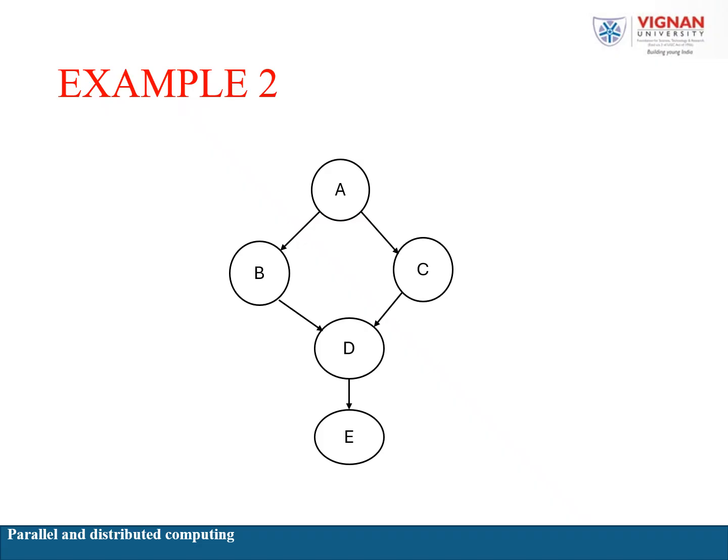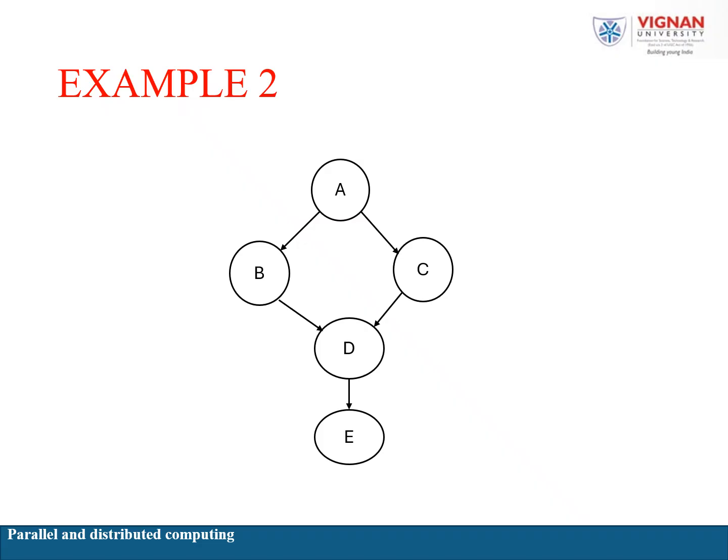After tasks B and C are completed, they both feed into task D. Task D depends on the output of both B and C, so it can only start once both tasks are done. Finally, task D leads to task E, which is the last task in the sequence.